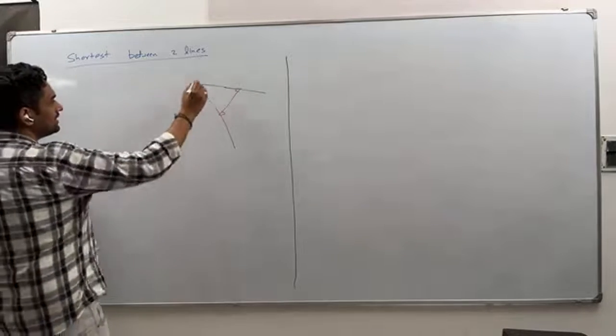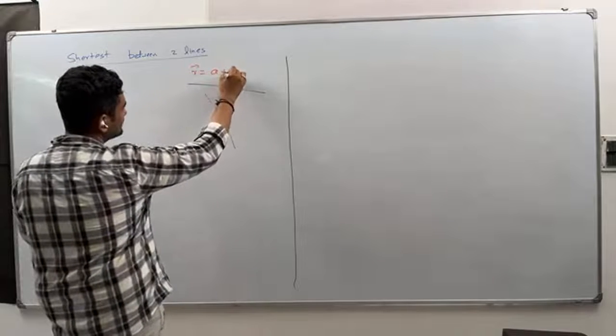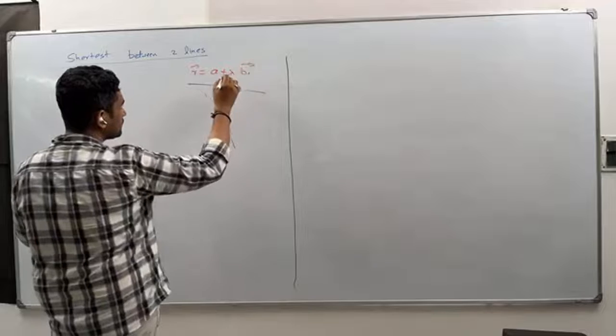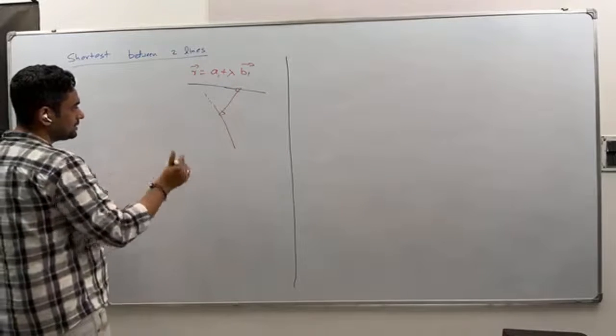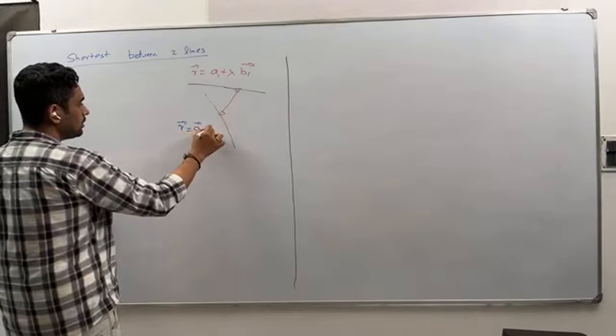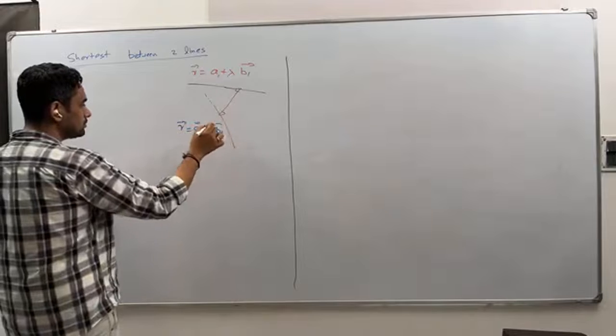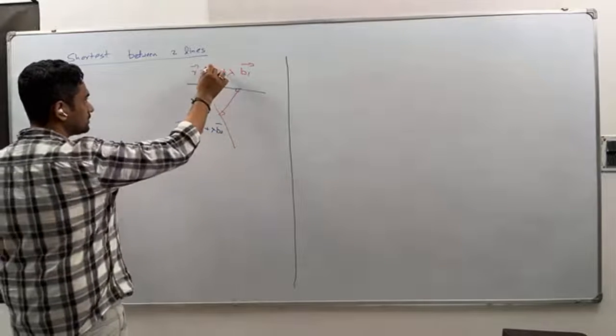Now what we are doing over here, let's say this line is r equal to a1 plus lambda b1, and let us take the other line, r equal to a2 plus lambda b2. So we have these two lines.